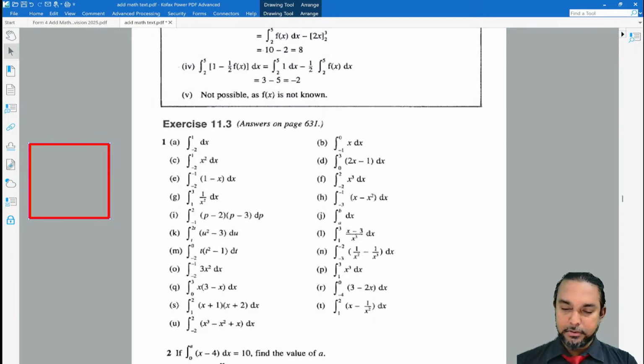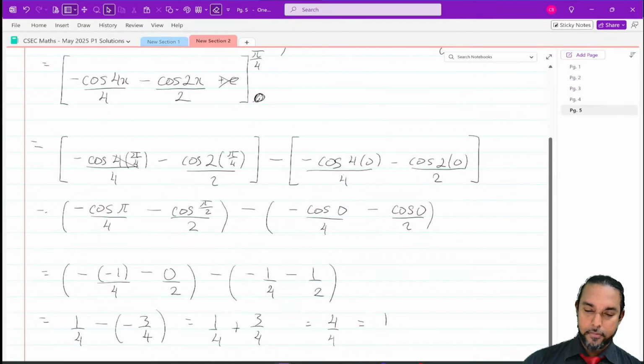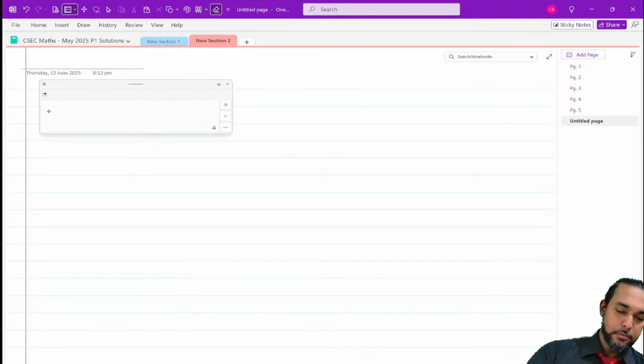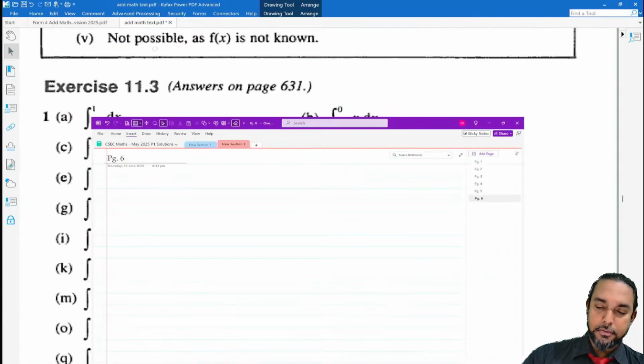Cool. All right. Let's zoom back in here a little bit. Page 6. Okay. So let's get this one.